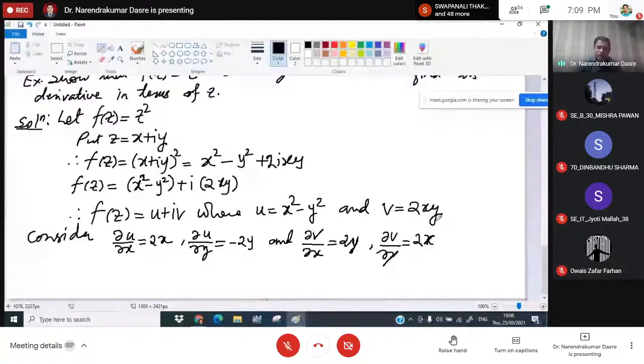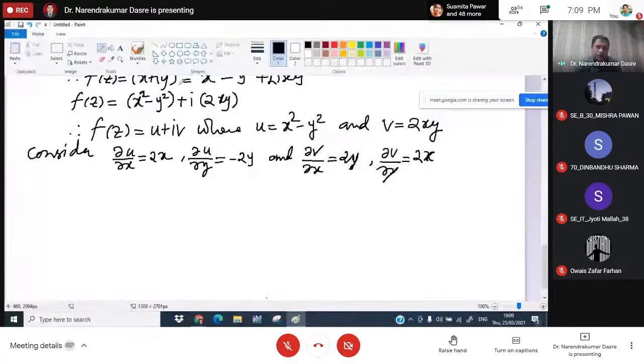Now once we have the derivatives of u and v with respect to x and y, we compare them. The derivative of u with respect to x and the derivative of v with respect to y are the same. So we have partial u by partial x is the same as partial v by partial y.